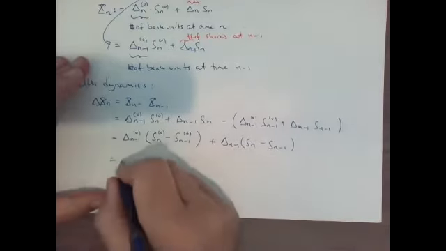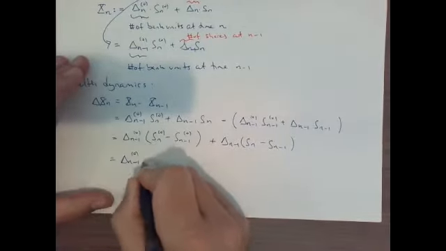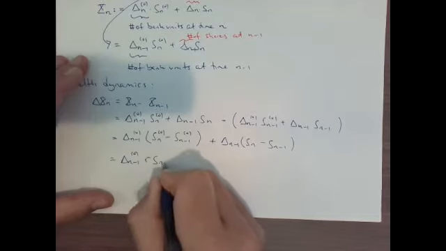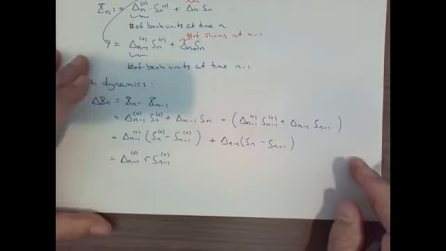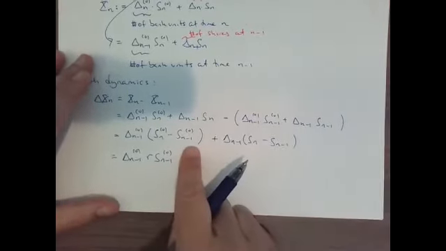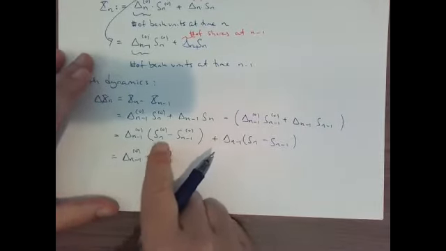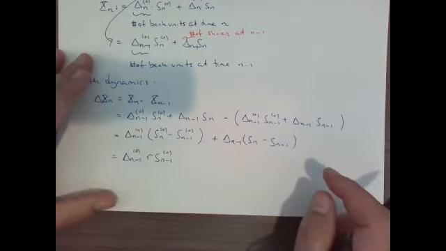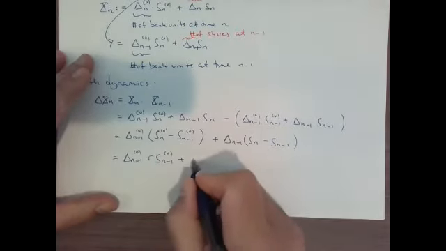That's the first expression I'm going to plug in. This here is going to be delta n minus 1 r Sn minus 1, 0. That's just the definition of the money market account. I'll leave the other term the way that it is.